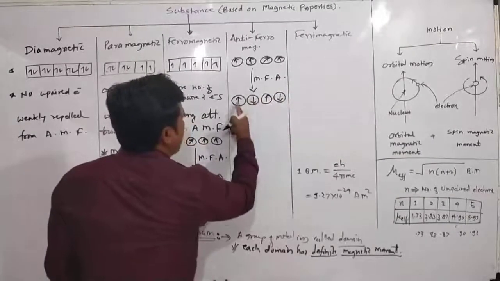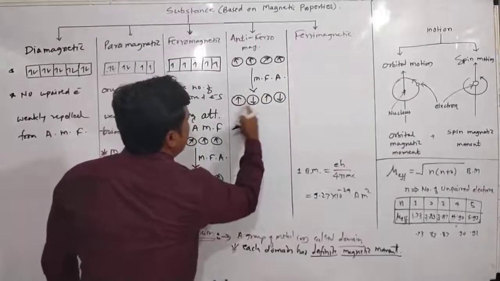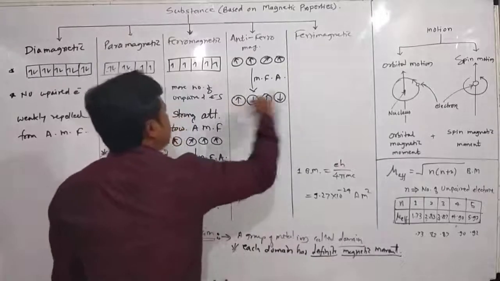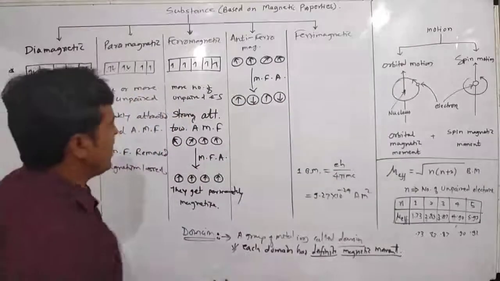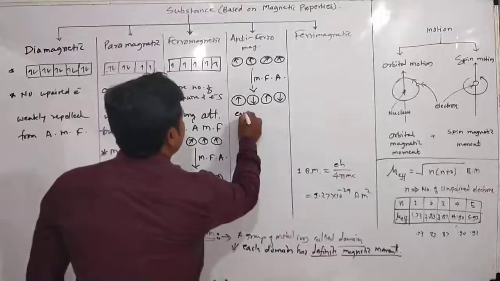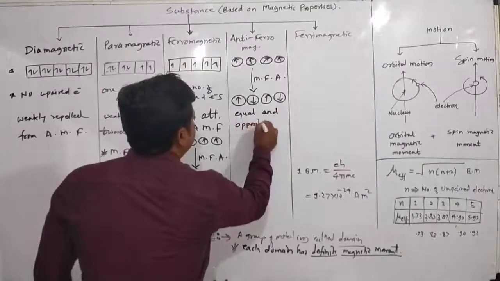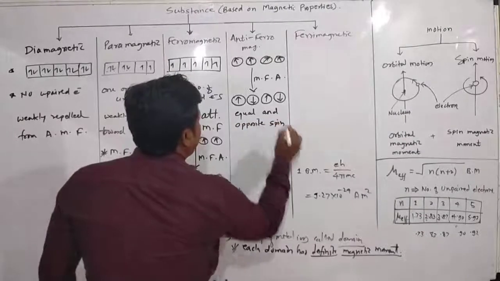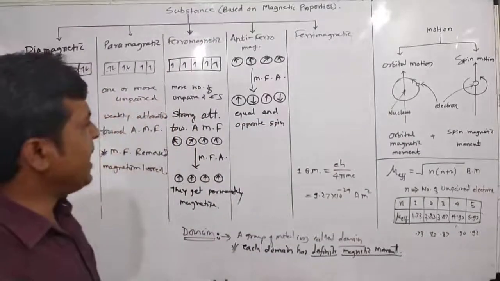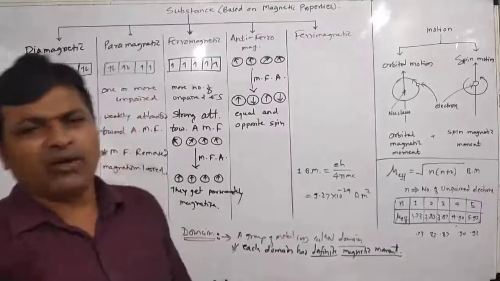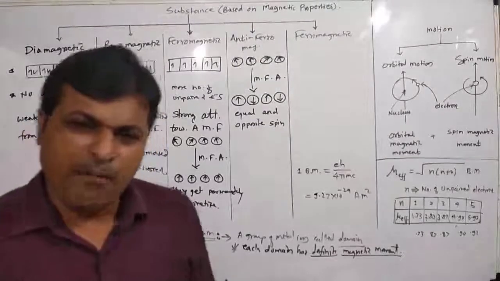These magnetic moments are vector quantities. These are in opposite directions. They cancel each other out. So they have equal and opposite spin, equal and opposite magnetic moment.